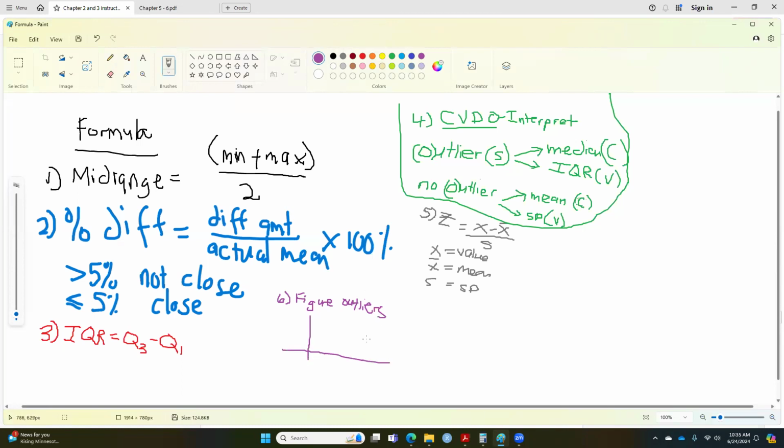On the same picture that we just drew, you can use Q1 minus 1.5 IQR. So you're multiplying it. And then Q3 plus 1.5 IQR. This is where I give you the 5-number summary.